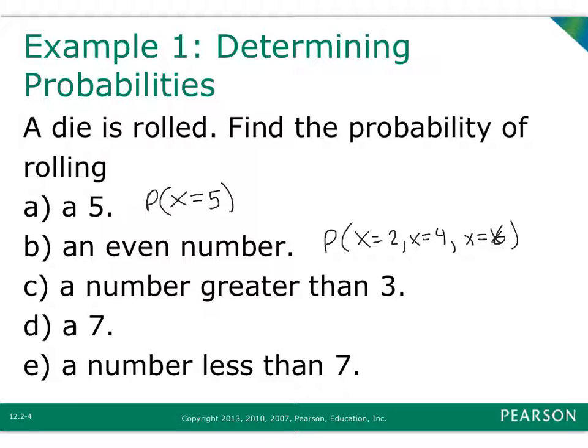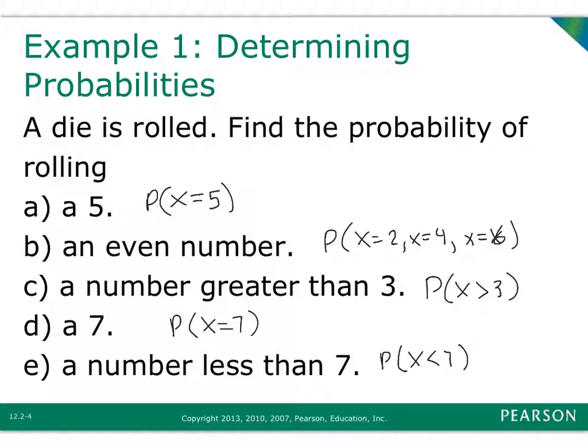A number greater than 3: the probability that x is greater than 3. And finally, the probability that x equals 7, or the probability that x is less than 7.